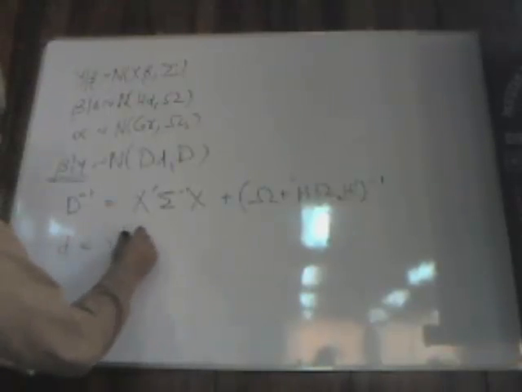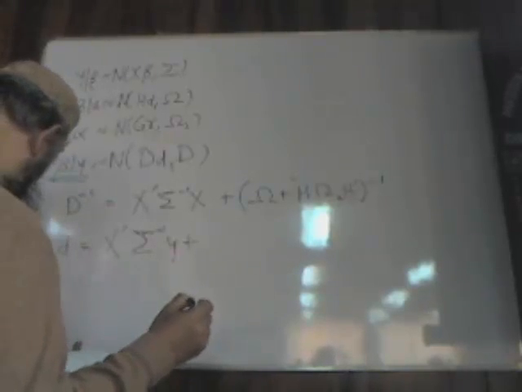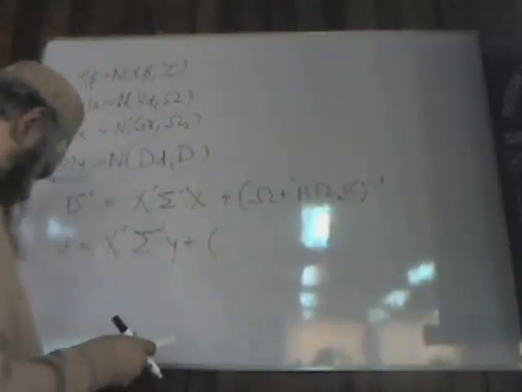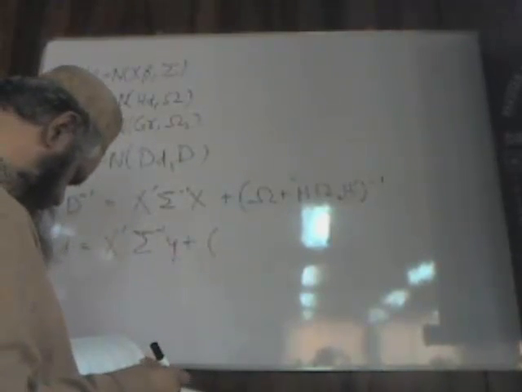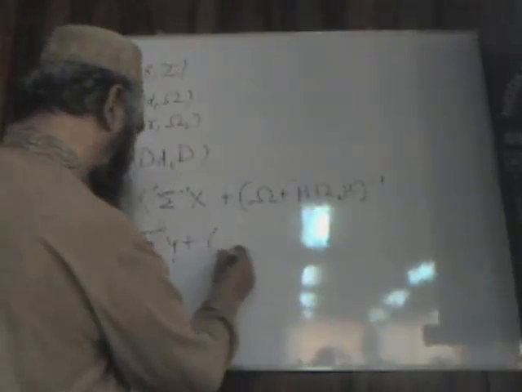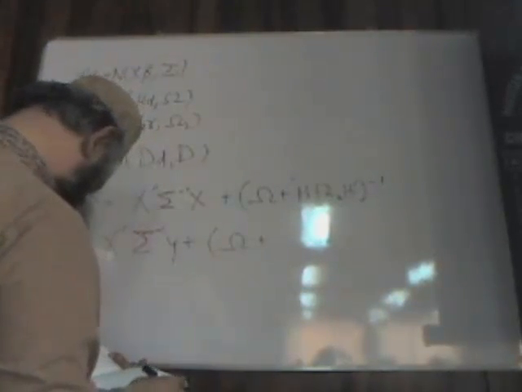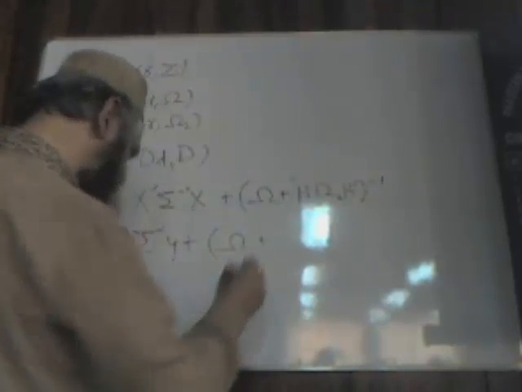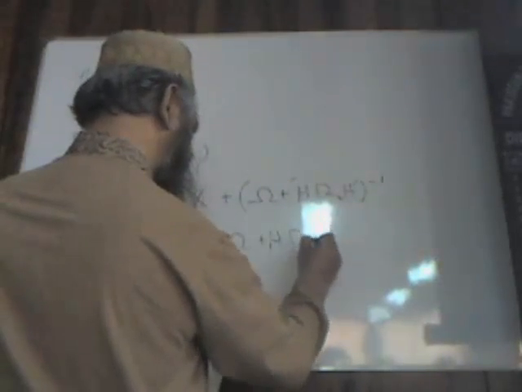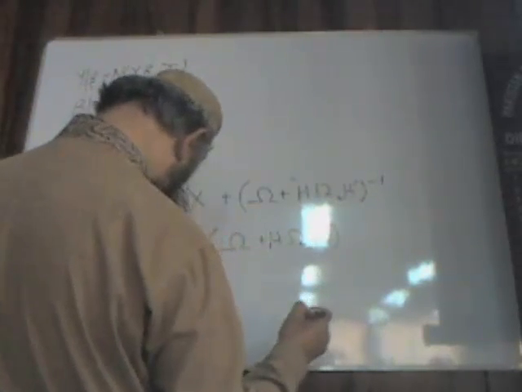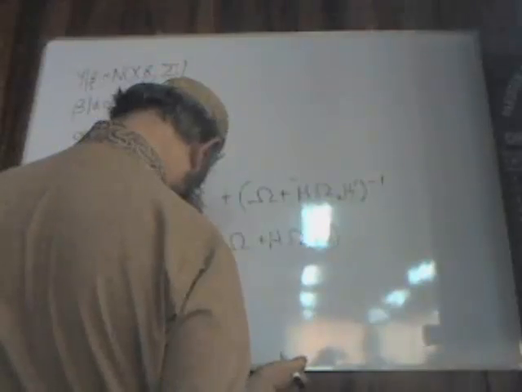So, which is x transpose sigma inverse y plus omega plus h omega 2 h transpose inverse h g.